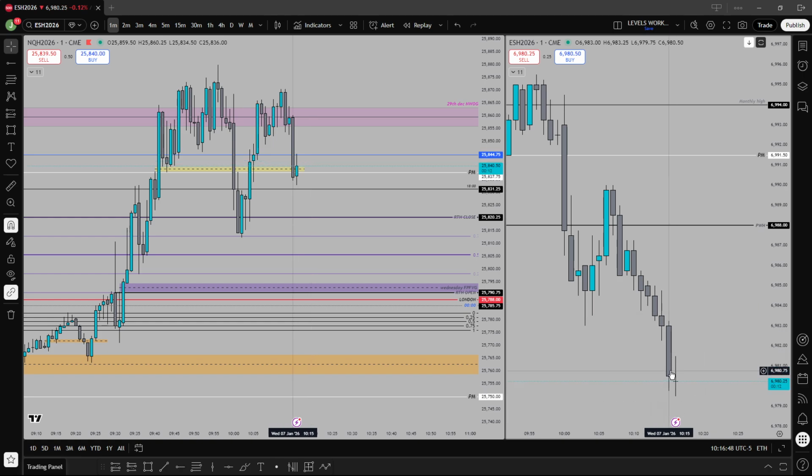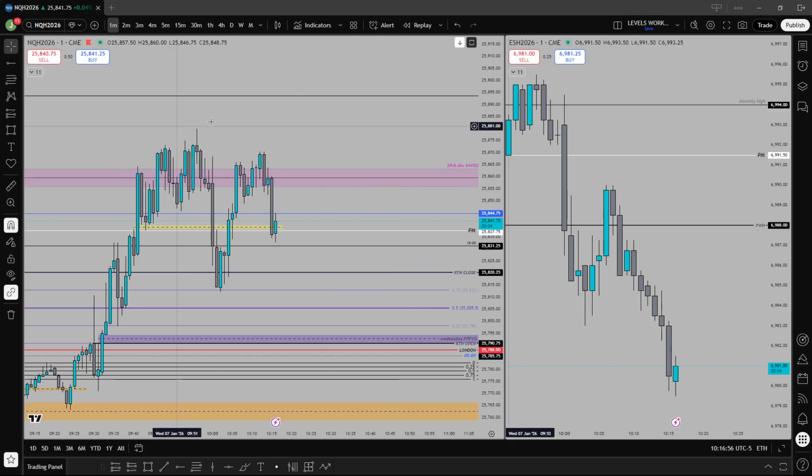Once ES starts to show some bullishness, then we could expect NQ to take these highs.